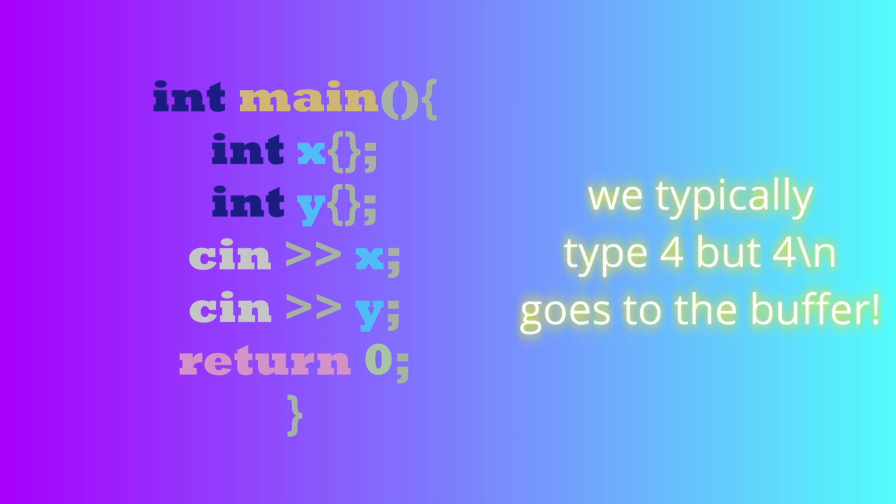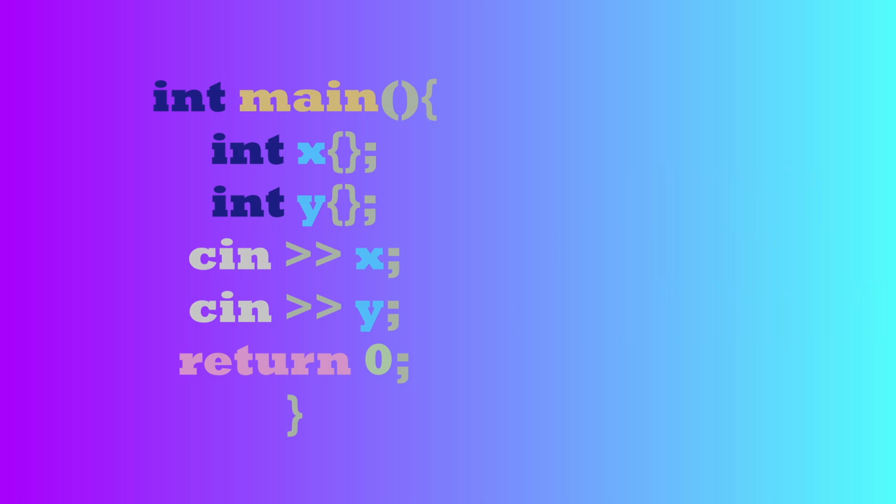So in the first run, when std::cin for the variable x is encountered, the program will wait for input. We enter the value 4, and then the input 4\n goes into the input buffer, and the value 4 is extracted to the variable x.